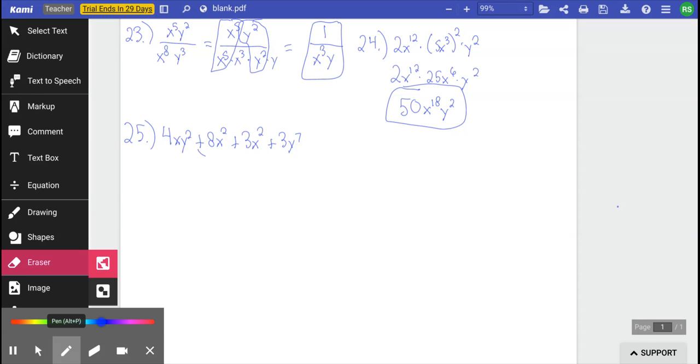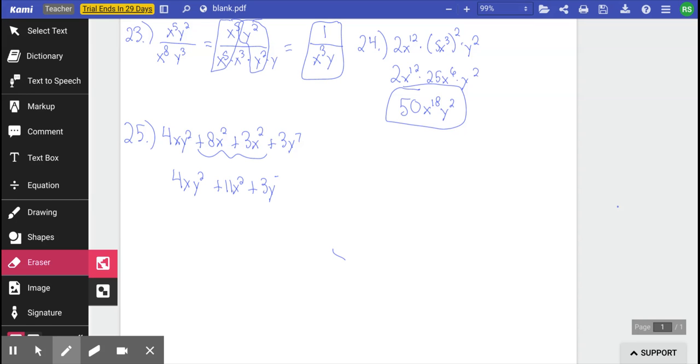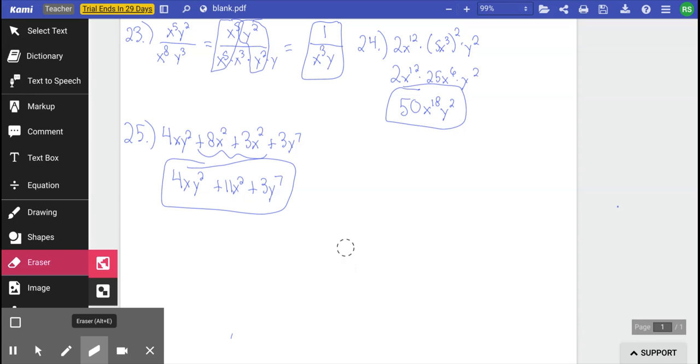We've got 8x squared and 3x squared. That gets us a total of 11x squared. And there are no other y to the sevenths. So that is actually the simplified expression for problem number 25 at that point. We were able to consolidate the x squareds.